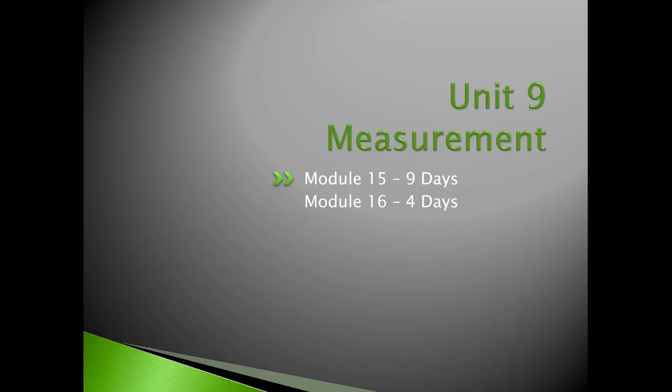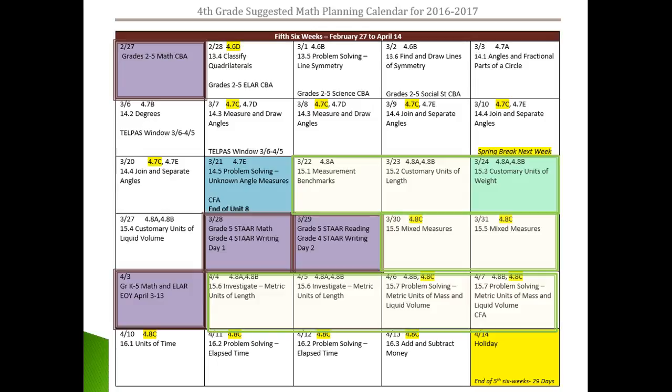Then after you cover the angles, it's time for measurement. So here we'll have 9 days to cover customary lengths and metric lengths. But notice these 9 days are a little broken up. You're going to have 3 days, and then you can have this day over here as well.